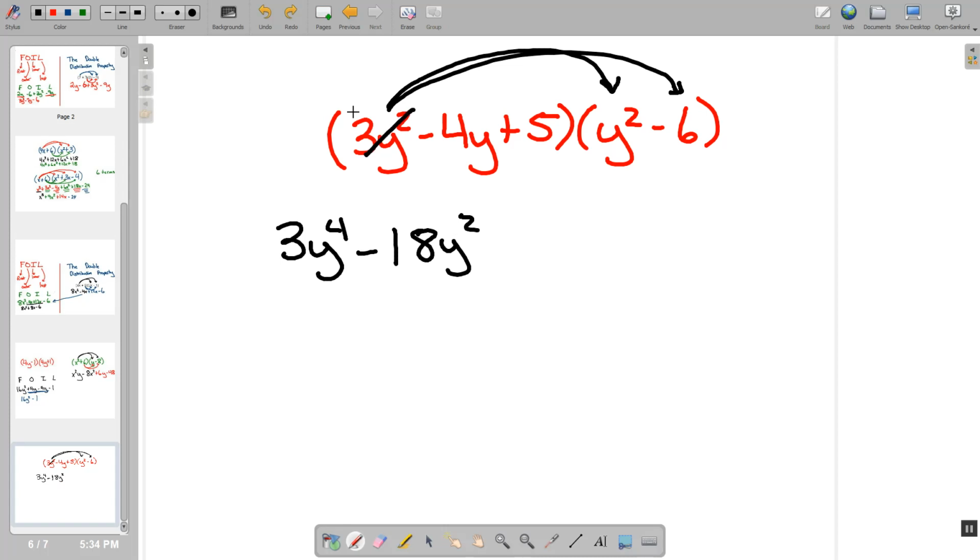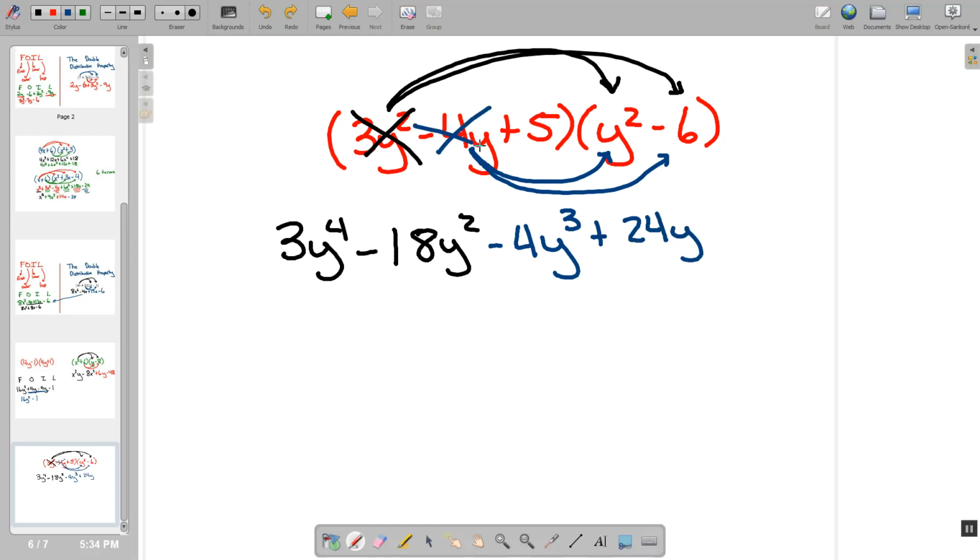Now the 3y squared has distributed to every term, so I move to the negative 4y, and I distribute that to every term in the next parenthesis. Negative 4y times y squared is negative 4y cubed. Negative 4y times negative 6 is positive 24y.